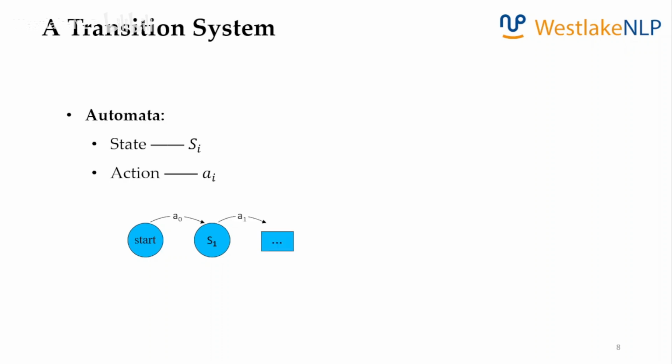And then I continuously apply action after action, A2, A3, until AN, for example. And we reach a final terminal state. And in this terminal state, we have the full output. Okay. So the whole action sequence corresponds to a particular structure.